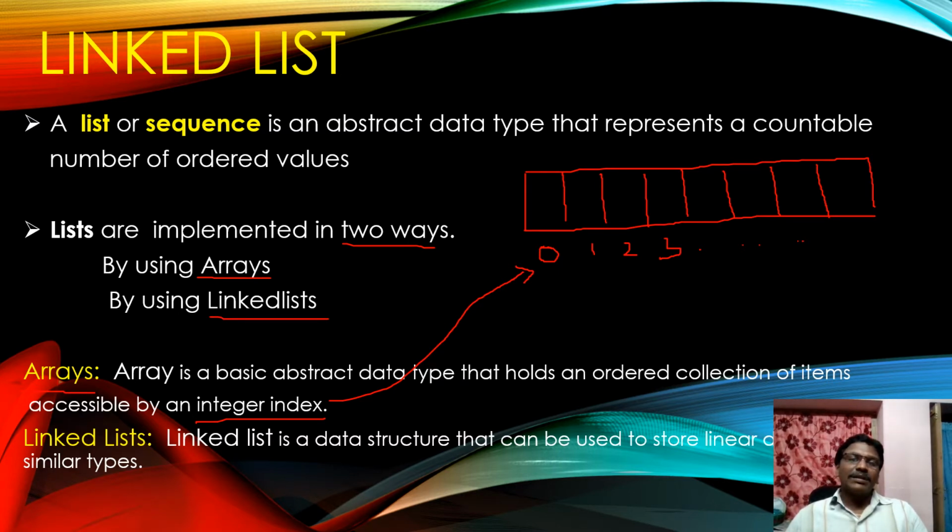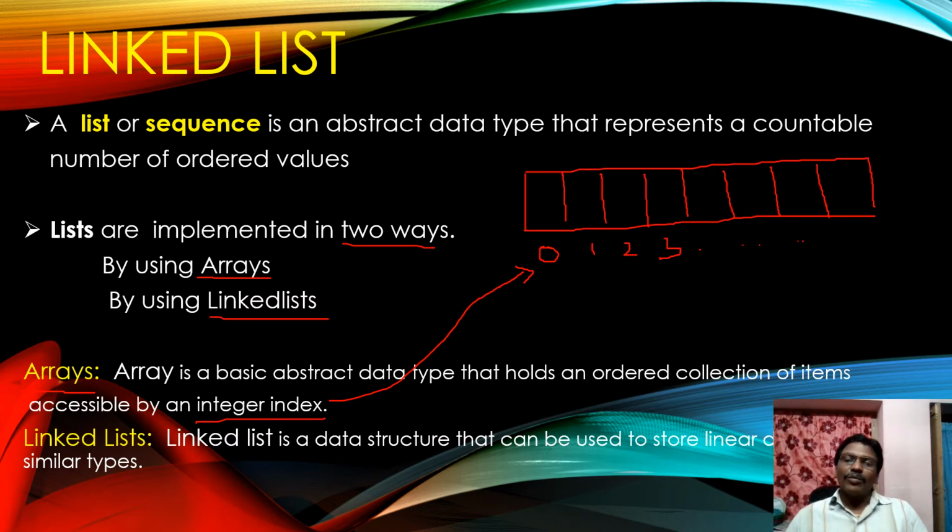And another one, the linked list. A linked list is a data structure that can be used to store linear data of a similar type. Similar type means it is also the same type of data.